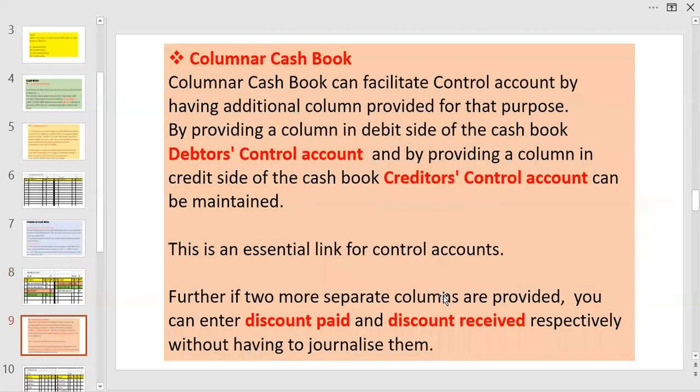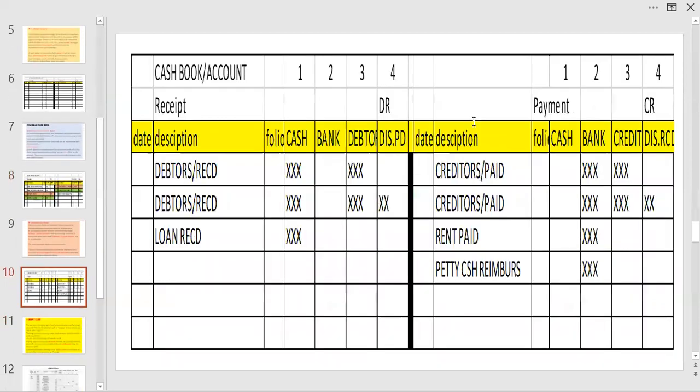Usefulness of the cash book can be further enhanced. Columnar cash book can facilitate control accounts by having additional columns provided for this purpose. By providing a column on the debit side of the cash book, a debtors control account, and by providing a column on the credit side of the cash book, a creditors control account can be maintained.